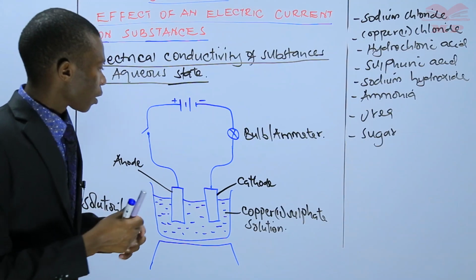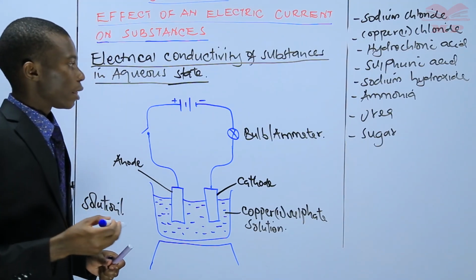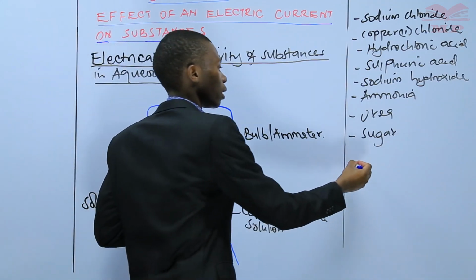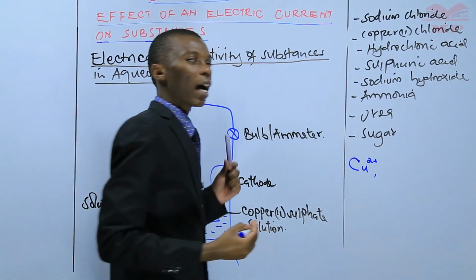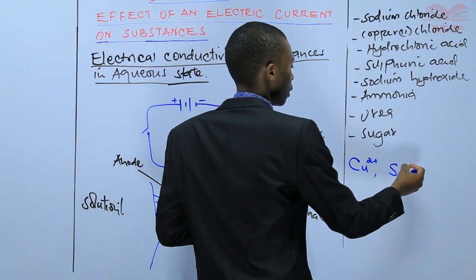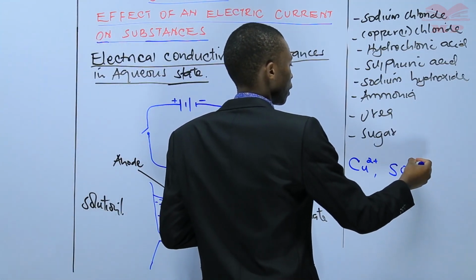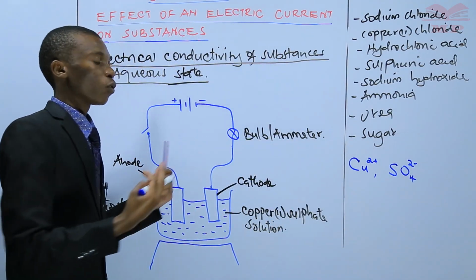For example, if you have copper 2 sulfate solution, the ions present will be copper ions and sulfate ions. Those are the ions of copper sulfate.